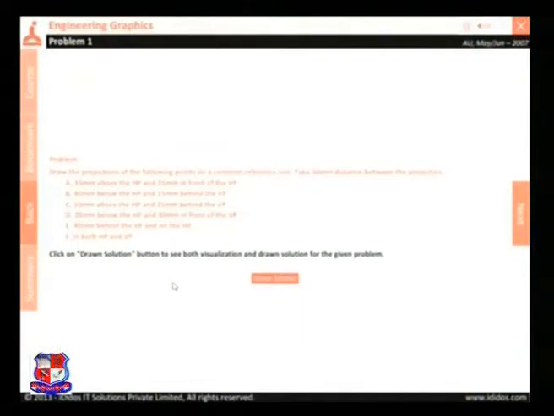C. 50 mm above the HP and 25 mm behind the VP. D. 20 mm below the HP and 30 mm in front of the VP. E. 30 mm behind the VP and on the HP. F. In both HP and VP.